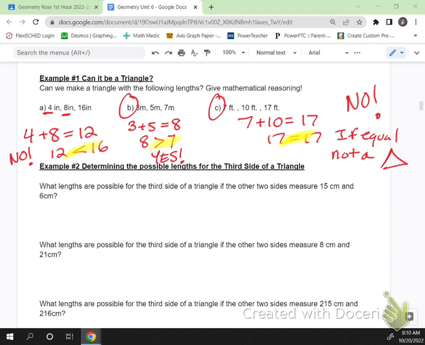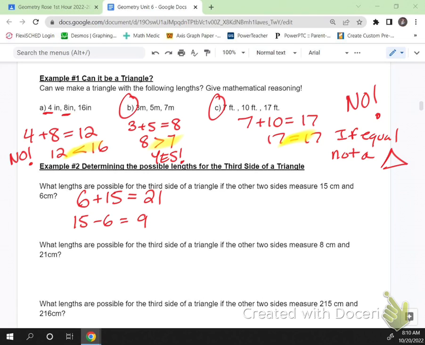Determining the possible lengths for the third side. What are the possible lengths of the third side if two sides measure 15 and 6? So let's talk about this. What you're going to do, listen. To find the possible longest side, you're going to add the two shorter sides. You're writing this down. So we get 21. To find the possible smallest side, I'm going to subtract them. Should I do 6 minus 15 or 15 minus 6? 15 minus 6.